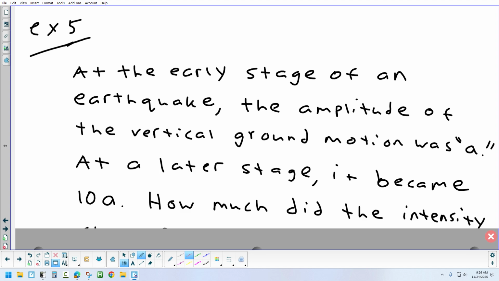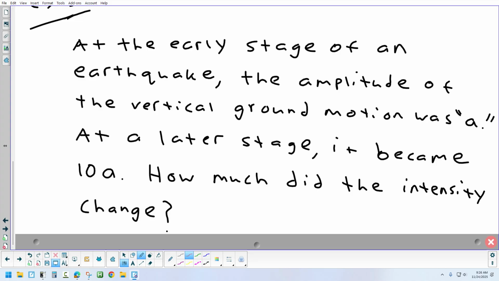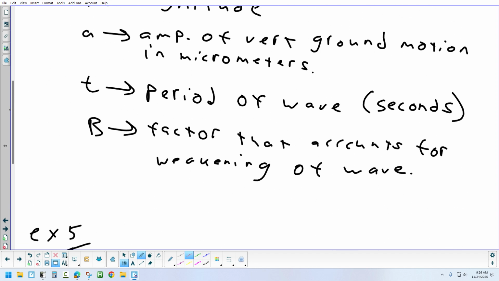I want to figure out what is the difference in the intensity of the earthquake if the ground motion increases by a factor of 10? Everything else is going to stay the same. So it's like we're measuring this earthquake at 2 different points. We're going to measure it at the beginning stage. We're going to measure it at the later stage.